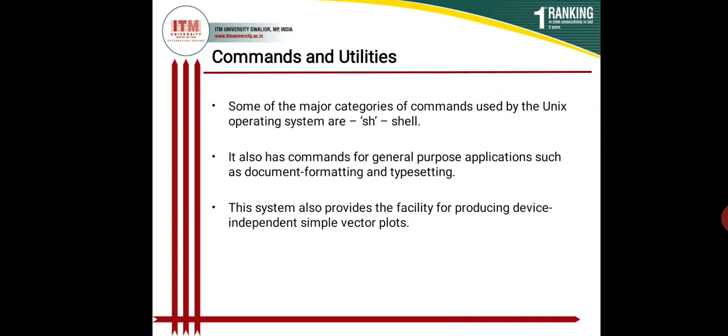And one more thing, we have the application programs. The application programs or the utilities will all be executed through the shell, and the user can execute any number of utility and application programs in the Unix operating system.